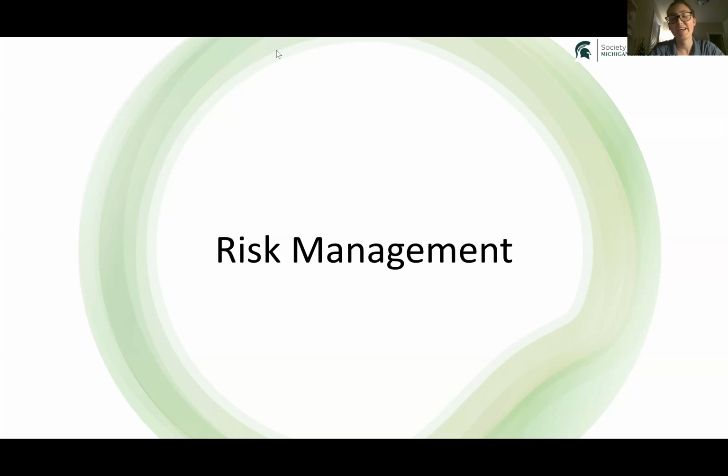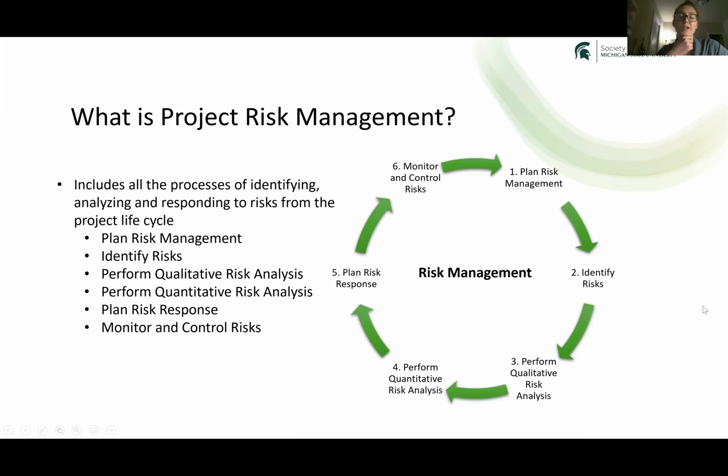Okay, so today's meeting topic is risk management. So, what is project risk management? Well, when you start the planning process for a project, one of the first things you should think about is what can go wrong.